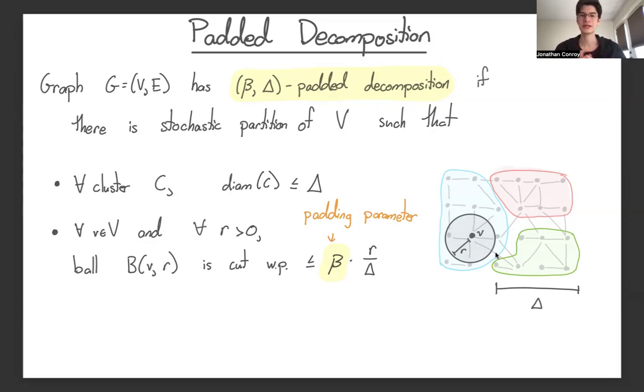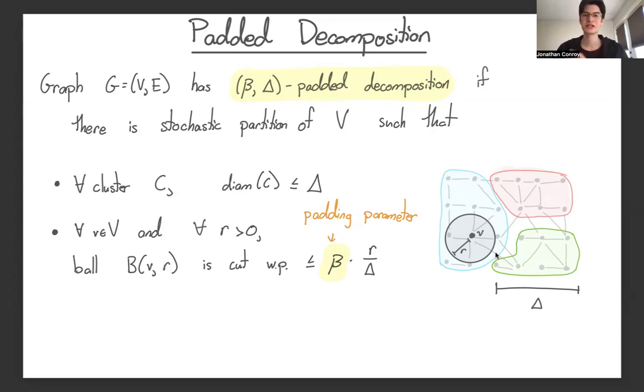And by cut, we mean that it doesn't belong to a single cluster in the graph. Okay, so the parameter to pay attention to here is this beta, which is called the padding parameter. And if a graph admits a beta delta padded decomposition for any choice of the diameter parameter delta, then we say that the graph itself has padding parameter beta.